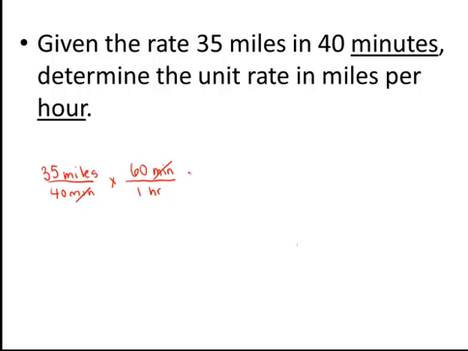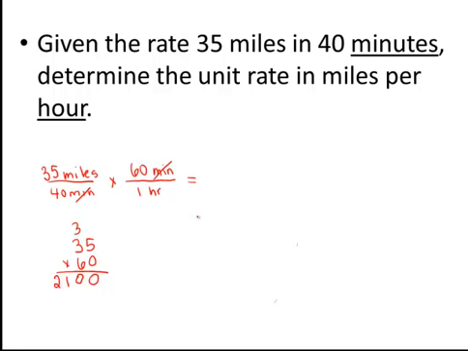We need to multiply across the top and across the bottom. Above we have 35 times 60. I'll come below to do that multiplication. Add a 0 as a placeholder. Then 6 times 5 is 30. Carry the 3. 6 times 3 is 18, plus 3 is 21.